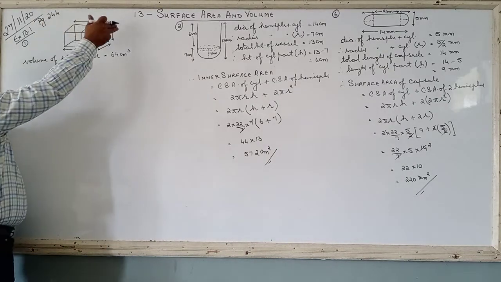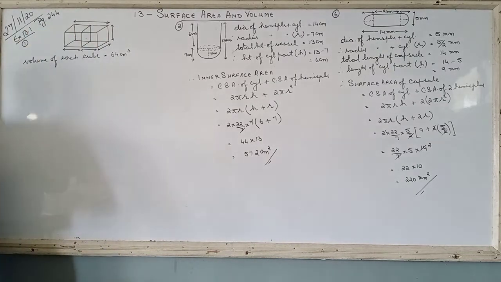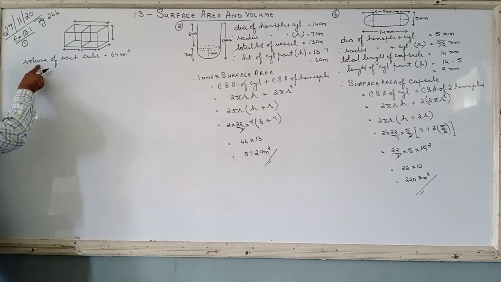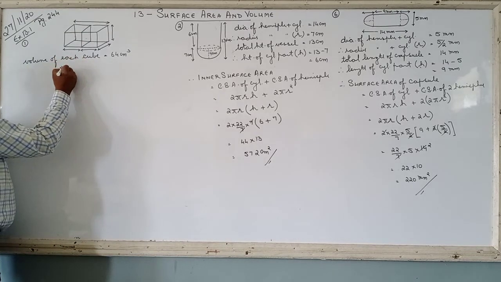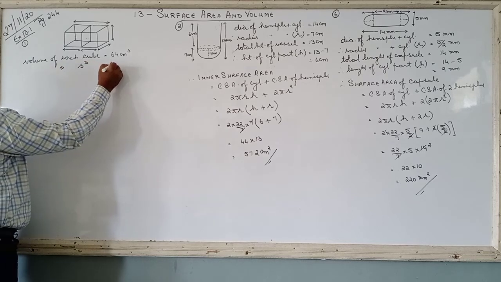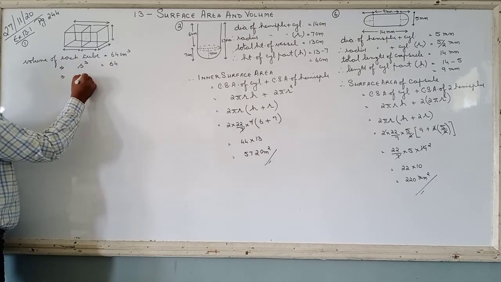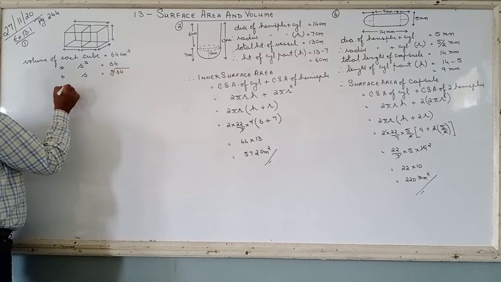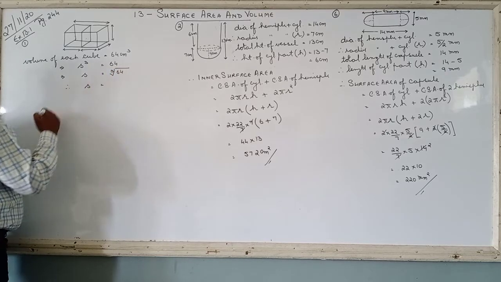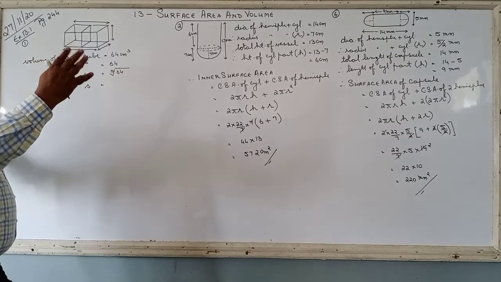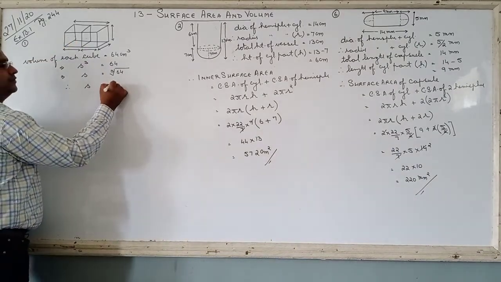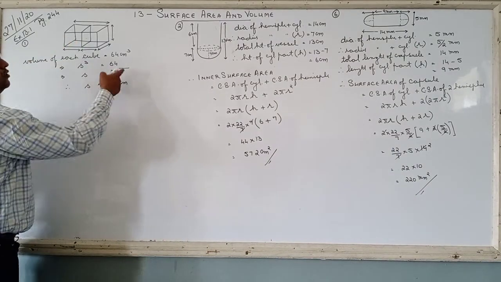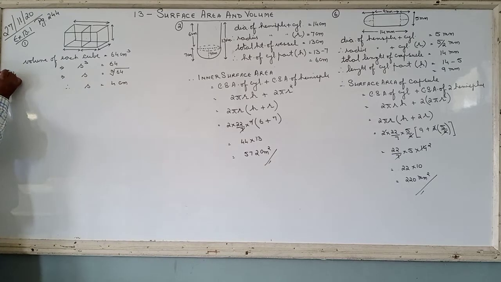But we don't have the side of this cube. Can we find the side from the volume? What is the formula for the volume of a cube? Side cube is equal to 64. So side is equal to the cube root of 64, and the cube root of 64 is equal to what? 4 4s are 16, 16 4s are 64. So 4 centimeter.